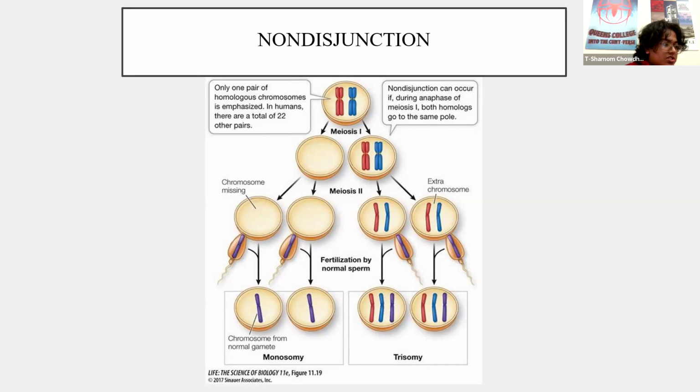And so trisomies and monosomies are actually really common. But the reason this doesn't affect the offspring as much is because most fertilized cells that suffer from monosomy or trisomy are lethal, and that's what causes miscarriages the majority of the time.